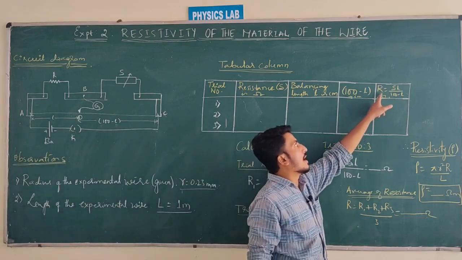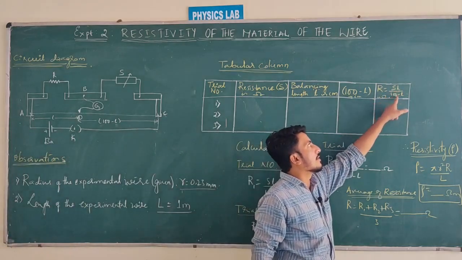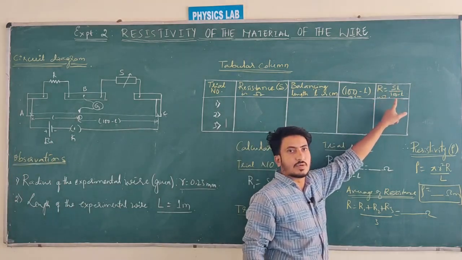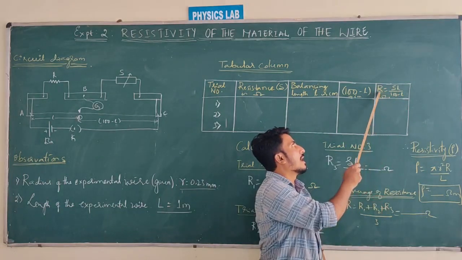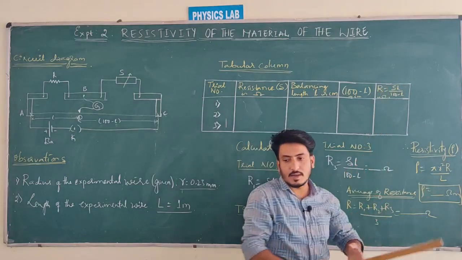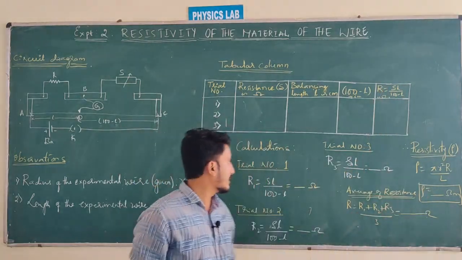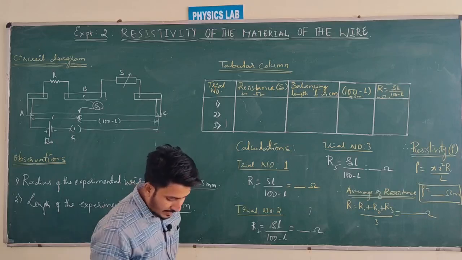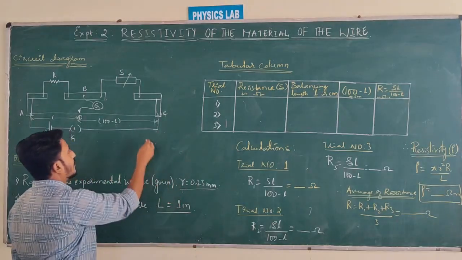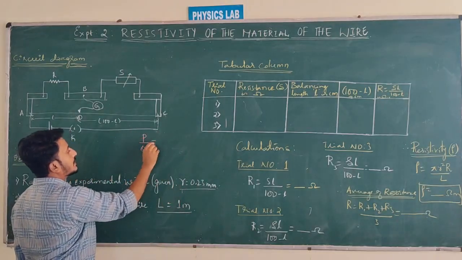Look at this. R by S is equal to L divided by 100 minus L. Observe this, students. Here we have the formula R equal to SL divided by 100 minus L. This is in the form of what? Actually, the balancing length equation. What is that balancing length equation? We have the balancing length equation P by Q is equal to what?